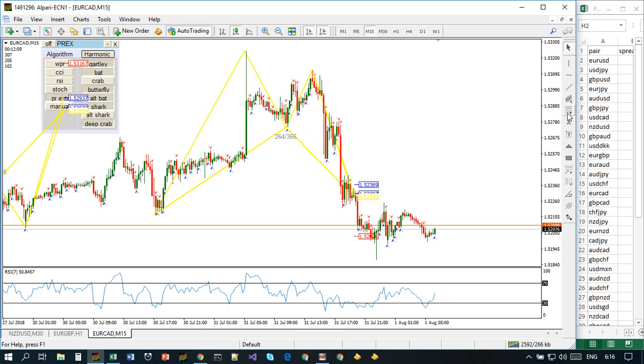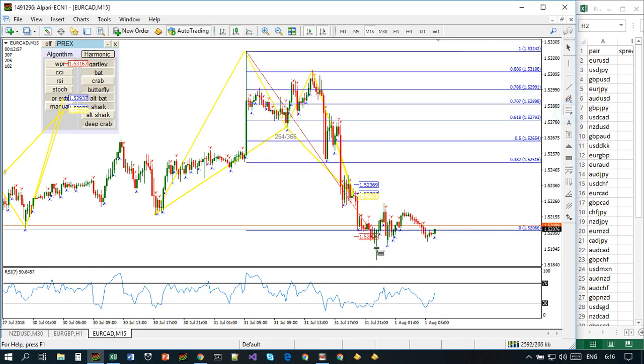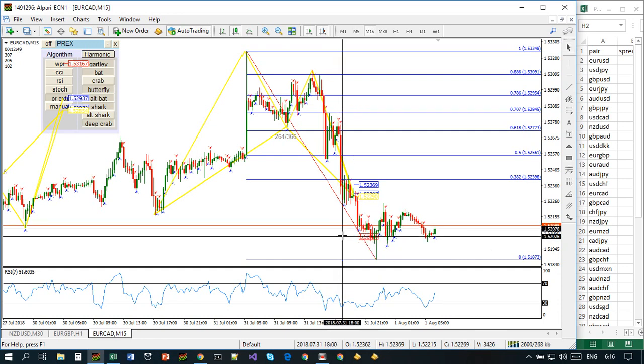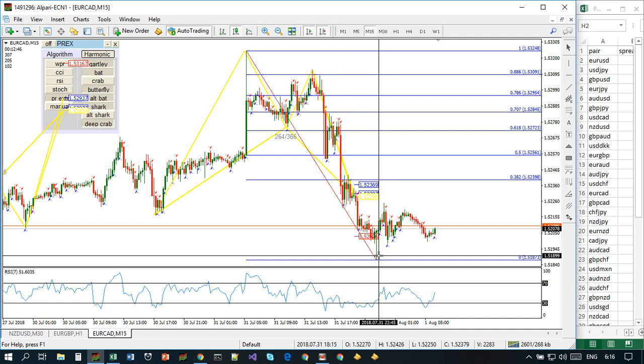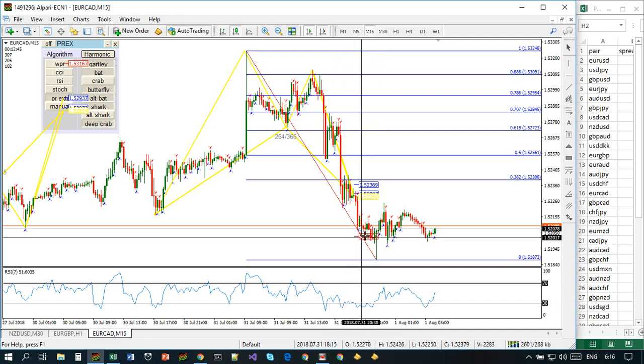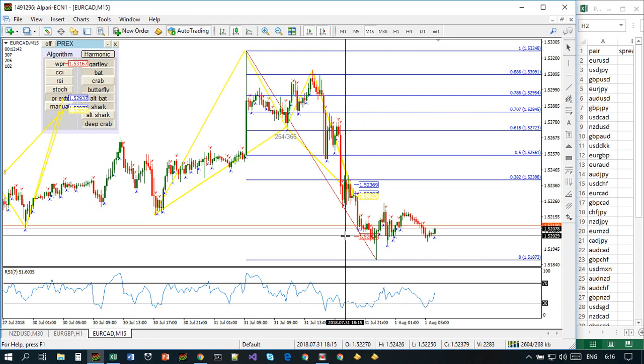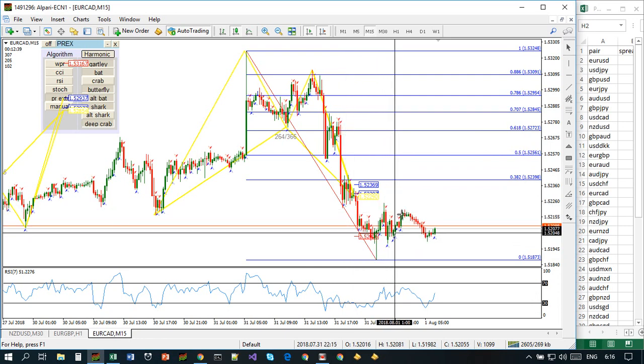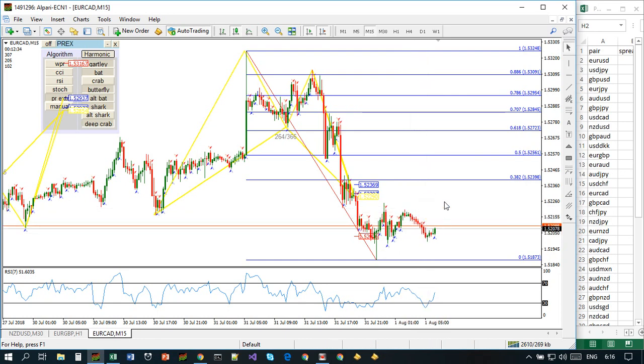I expect a kind of bounce to the upside from this alternative bat pattern. It already hit thread 2, and you see how it rejected from that level. We had an initial reversal, then we came back, and now we are moving sideways.